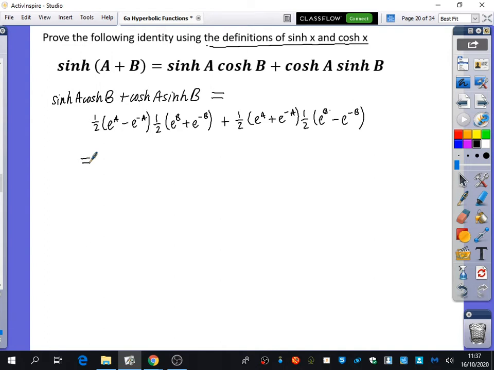Well, not very quick, but quicker than what we were trying to do. So I've literally just put all the substitutions in for these bits that I've got.